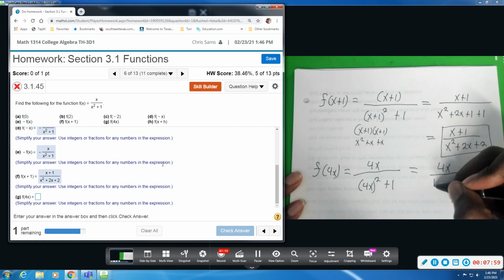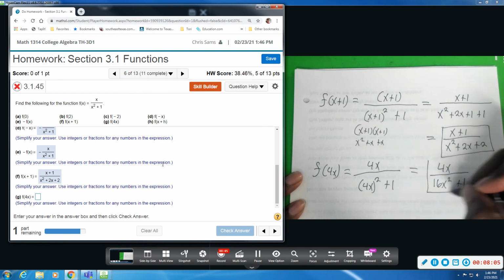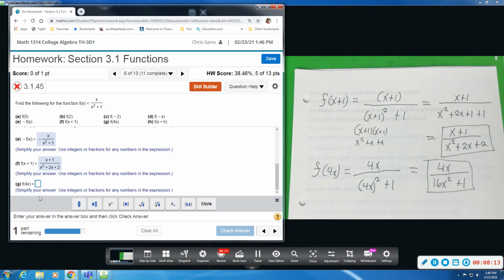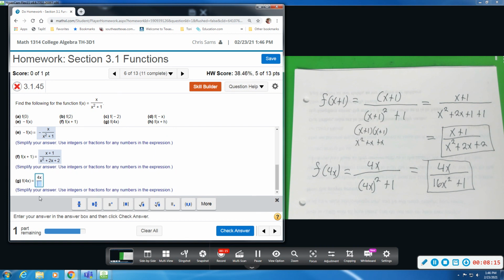So 4 squared is 16. x squared is x squared, and then plus 1. So we end up with 4x divided by 16x squared plus 1.